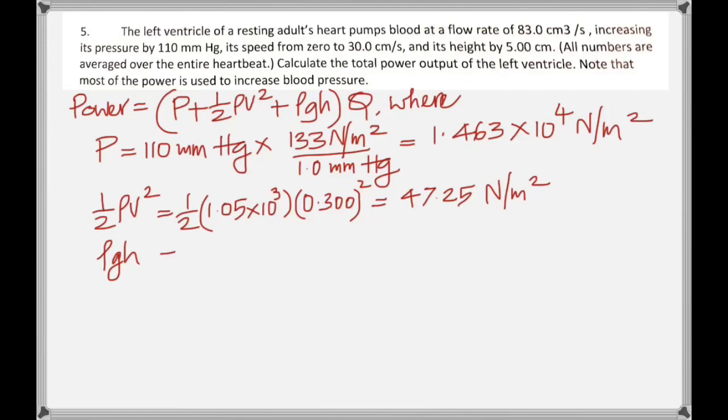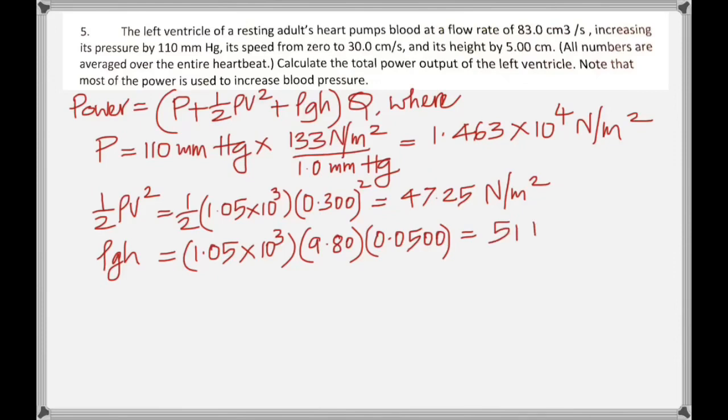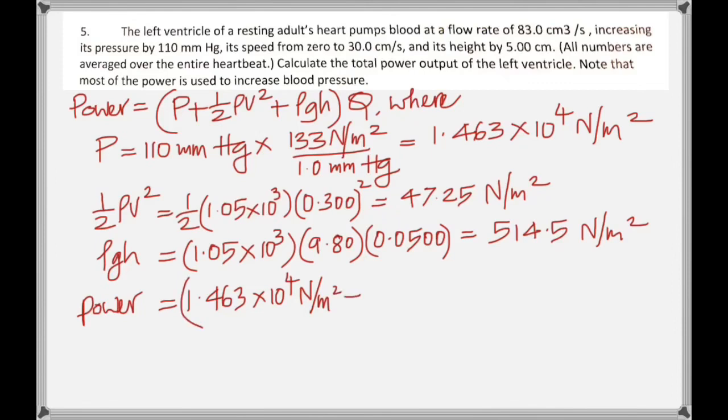Otherwise, you can't add. So now the third one, the density times g, which is 9.80, times the height, again in centimeters, so I changed it into meters. Once you get those three quantities, just add them up and multiply with the flow rate. But the flow rate should be in meter cube per second, so you've got to be careful.